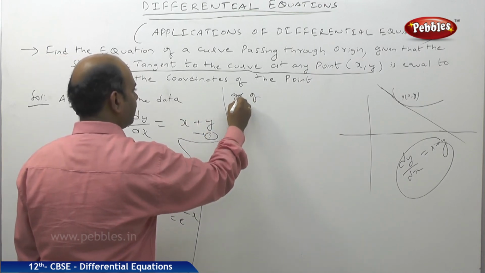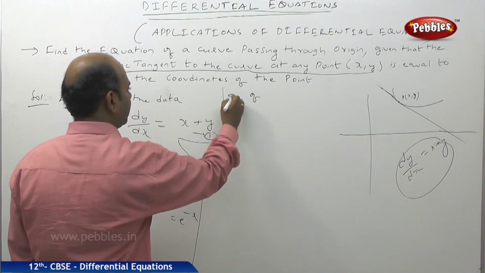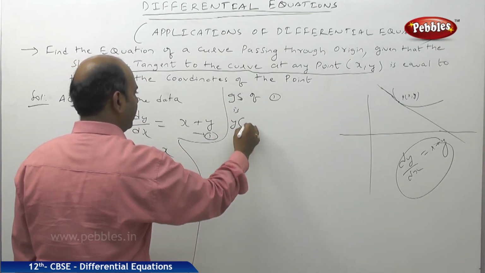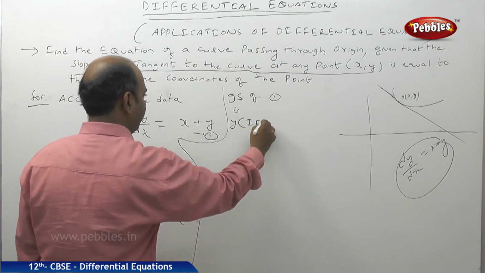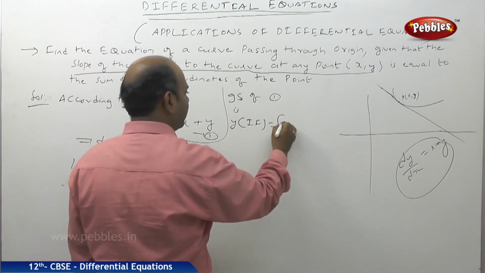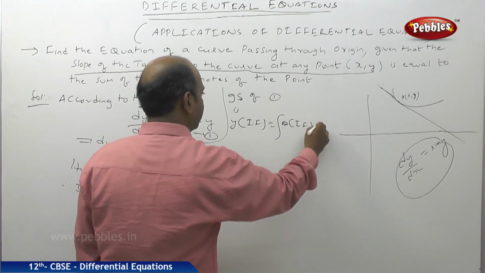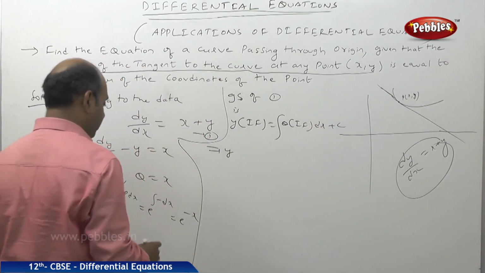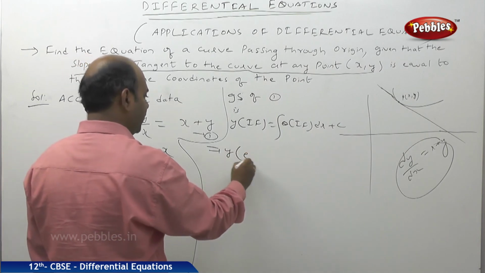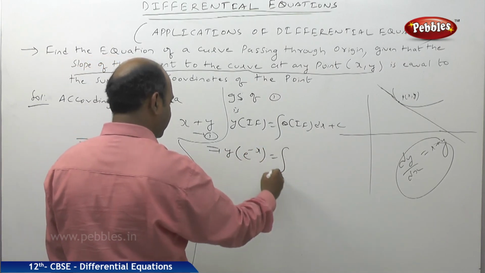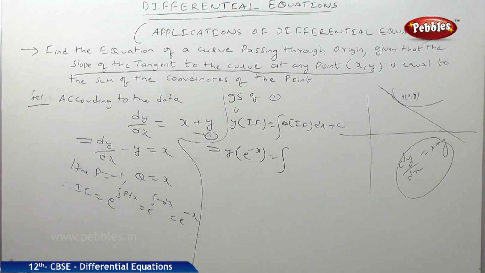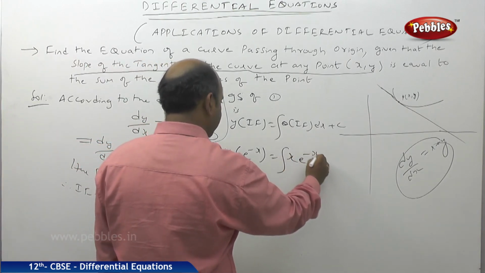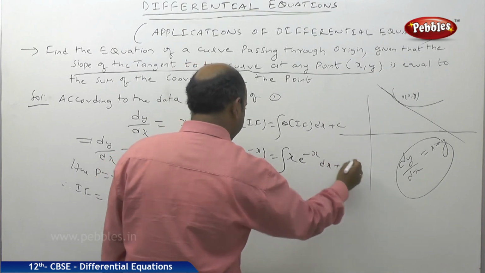Therefore GS, general solution of 1, is y into integrating factor is equal to integral of Q into integrating factor dx plus c. So y into e power minus x is equal to integral of Q, which is x, into integrating factor e power minus x dx plus c.